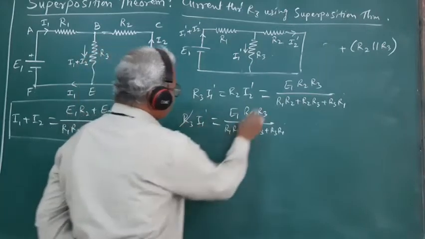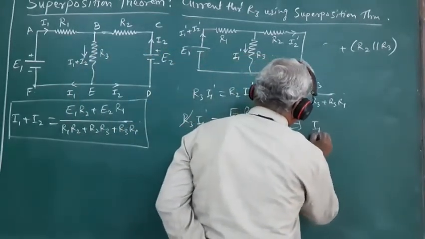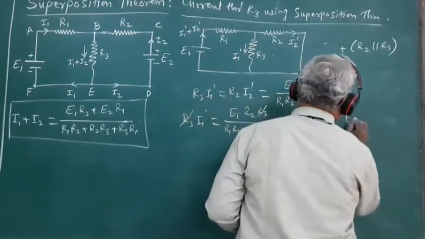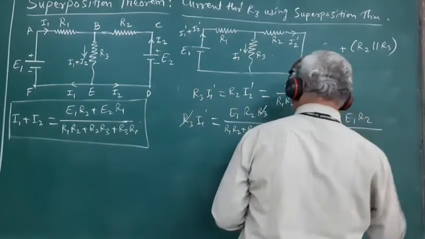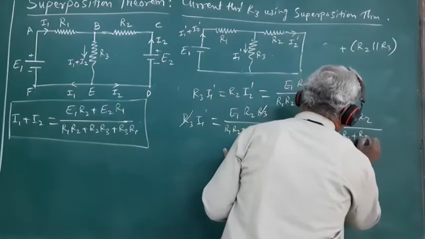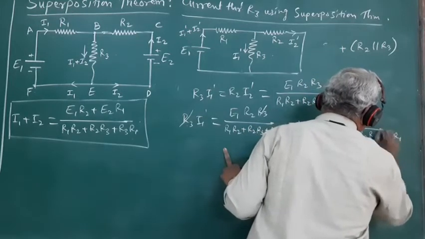So this R3 will get cancelled. So this implies I1 prime is equal to E1 R2 divided by R1 R2 plus R2 R3 plus R3 R1.